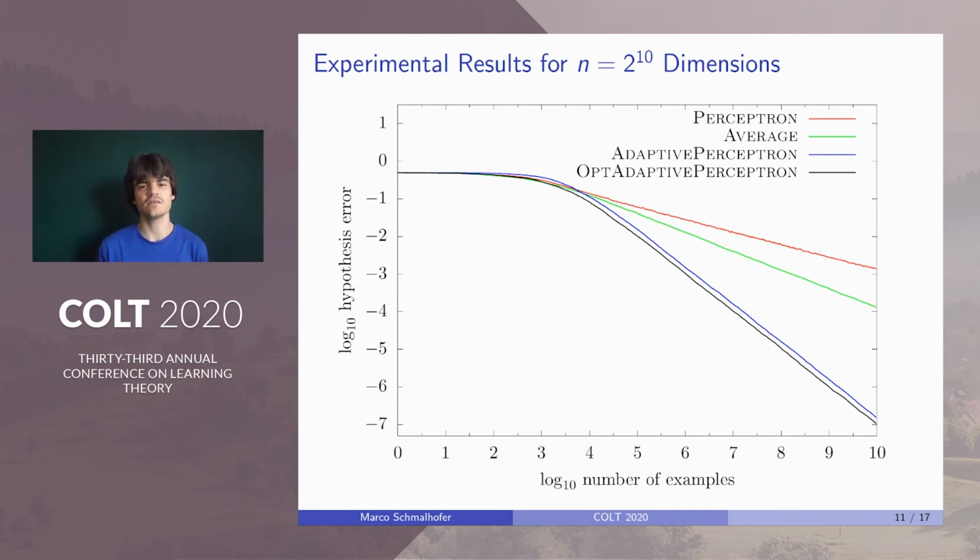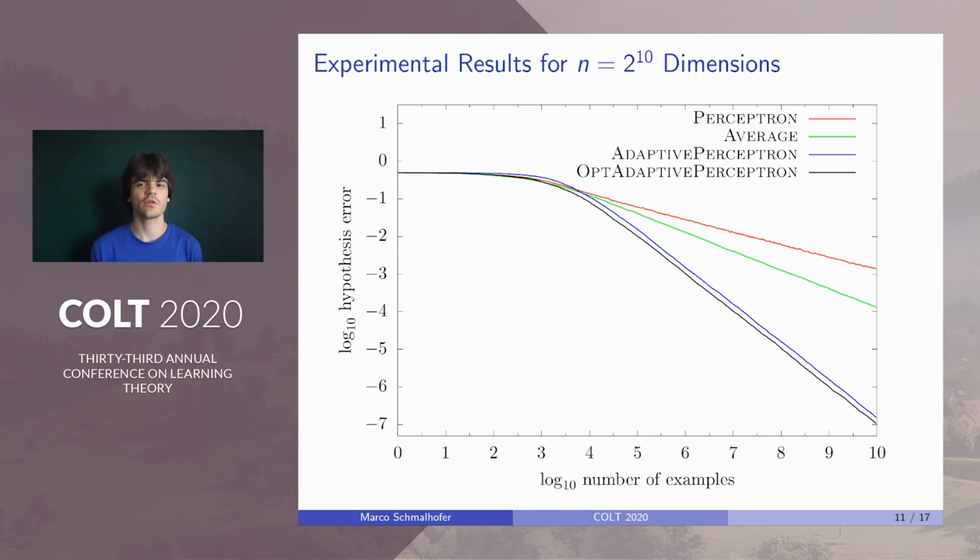Okay, one can see that the hypothesis error in this double logarithmic plot of perceptron behaves asymptotically like 1 over s to the 1/3, if s is the number of examples. In average, it's a behavior like 1 over s to the 1/2, and in adaptive perceptron, it's something like 1 over s.